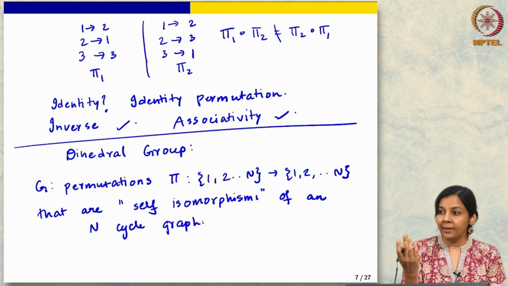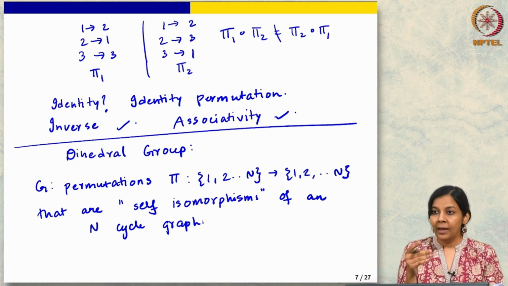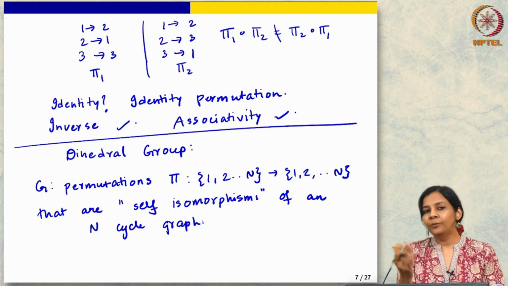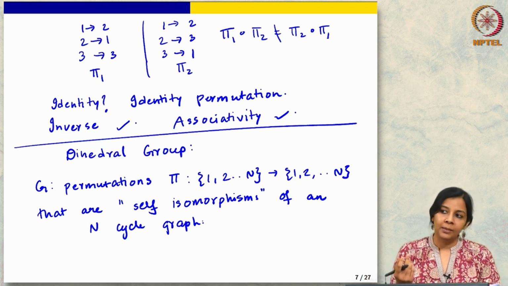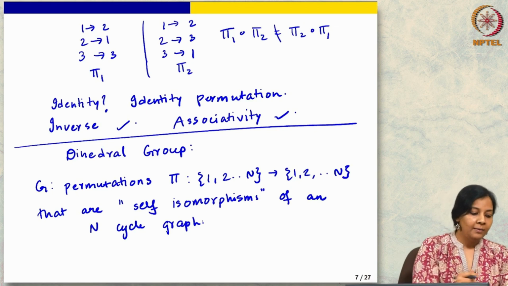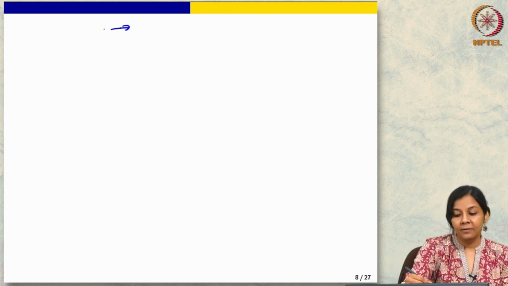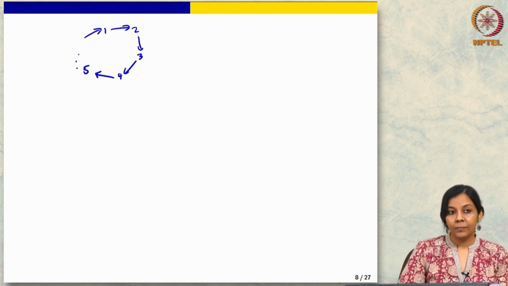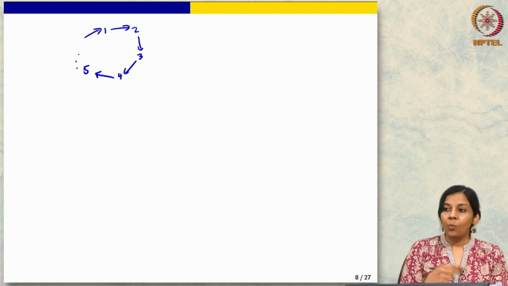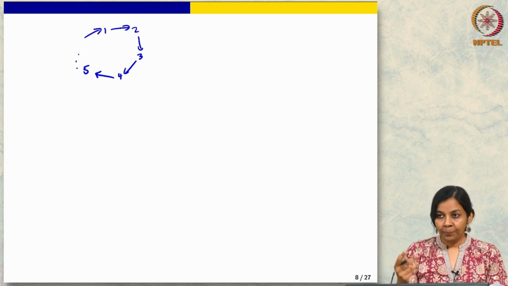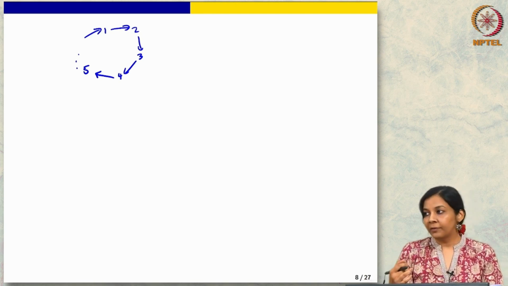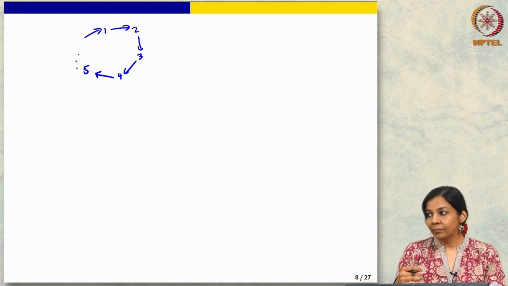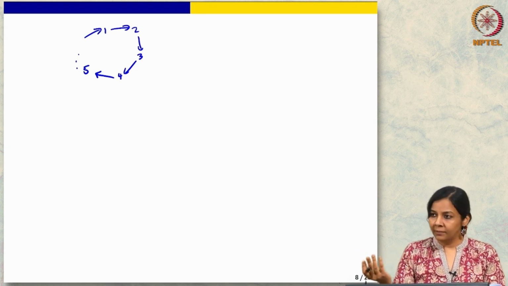Basically, if I take the n cycle graph, I could apply some permutation which again gives me the n cycle graph. What is the n cycle graph? It's just like this. So I want those permutations that take this back to itself. Very good. So cyclic rotation is the simplest example.